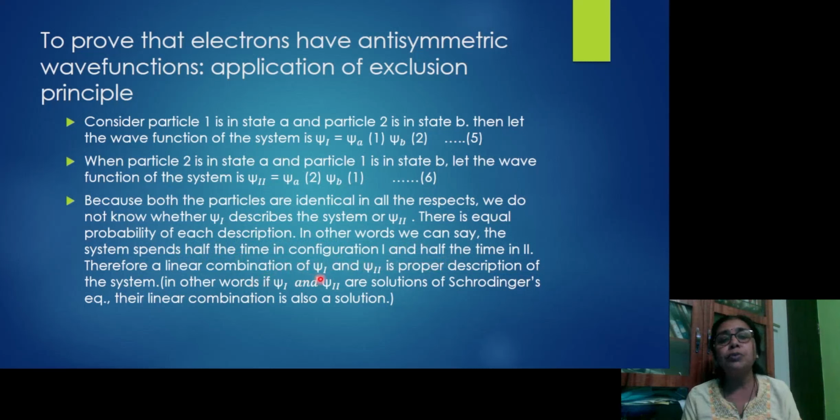Therefore, a linear combination of psi 1 and psi 2 is the proper description of the system, because psi 1 and psi 2 both are describing the system. For a system of electrons, if psi 1 and psi 2 are solutions of Schrodinger's time independent equation, then their linear combination also will be a solution of the Schrodinger's time independent equation.